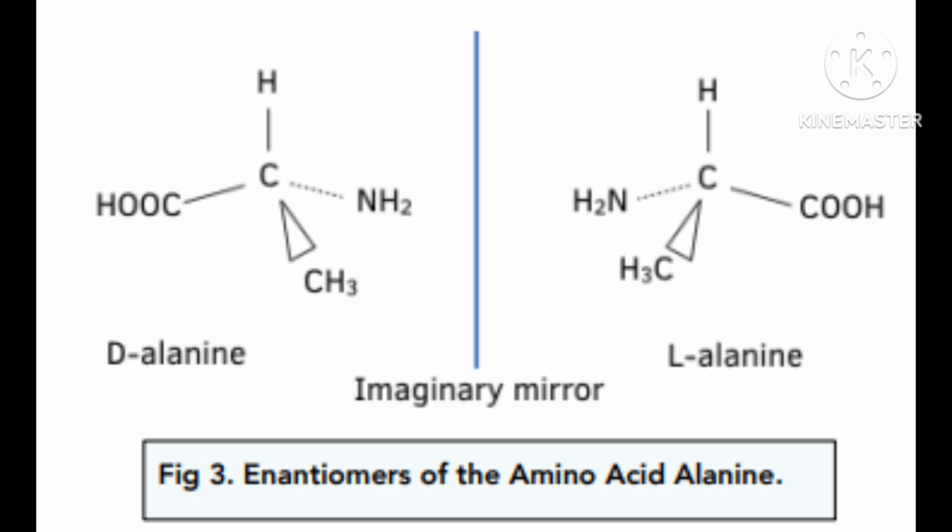When positions are around the meridian of the octahedron. From this word meridian only, meridional isomer came. So how will you get this meridional isomer? When the positions are around the meridian of the octahedron.